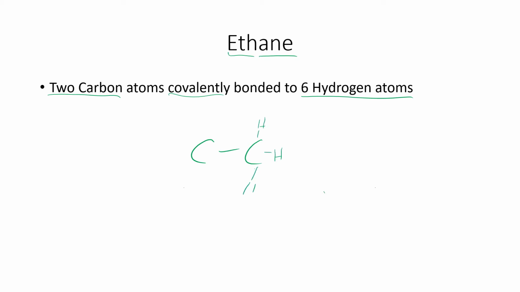Carbons on the end get 3 hydrogens around them. Okay. This is my structural formula. It shows the arrangement. The chemical formula is C2 H(2 times 2 plus 2). 2 times 2 is 4, plus 2 is 6. That's how we figure out the number of hydrogens around it in the alkanes.